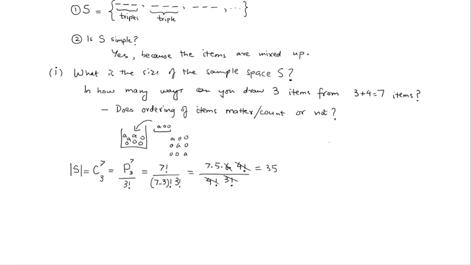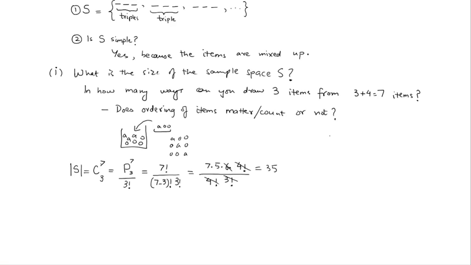Let's see if we can enumerate this. Now 35 is a big number, so let's try and find these sets. Maybe we get tired and we give up, but let's start.